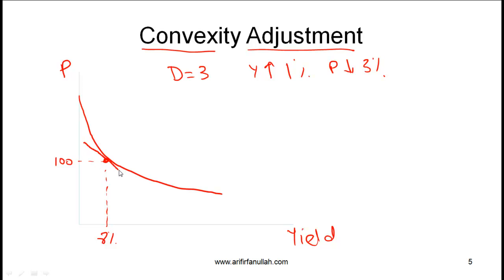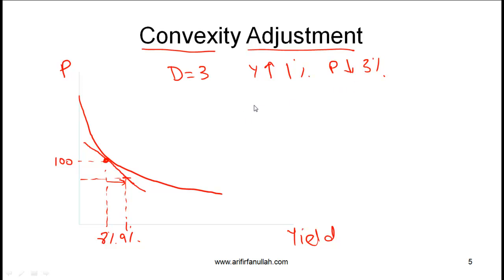So if the yield goes up by 1%, from say 8 to 9%, then according to the simplified duration measure, the price will come down by 3%.